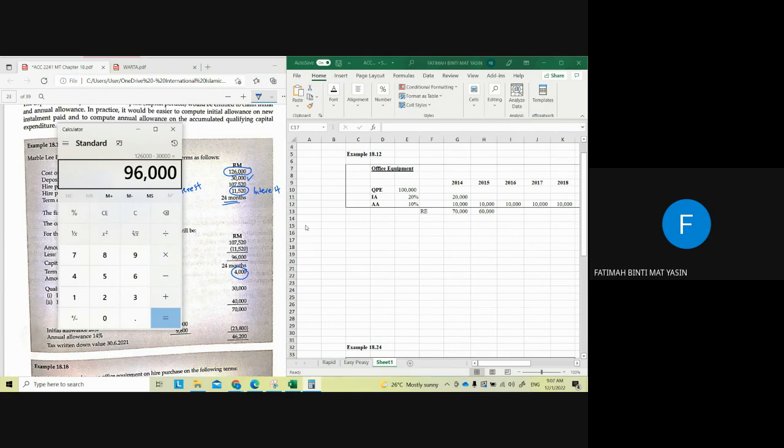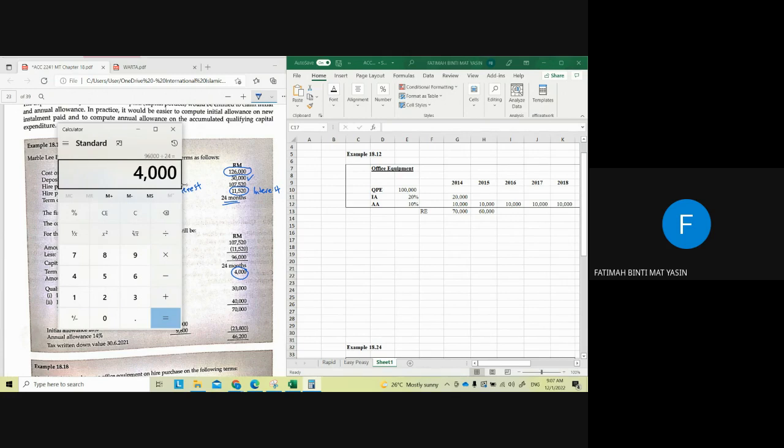Because the cost is 126,000 and you already paid the deposit of 30,000, you need to pay the other 96,000, which is the principal amount. You need to focus on this because you must take out the interest. So you don't have to bother about the hire purchase amount. Then you must divide by 24 months because the company needs to pay in 24 months' time.